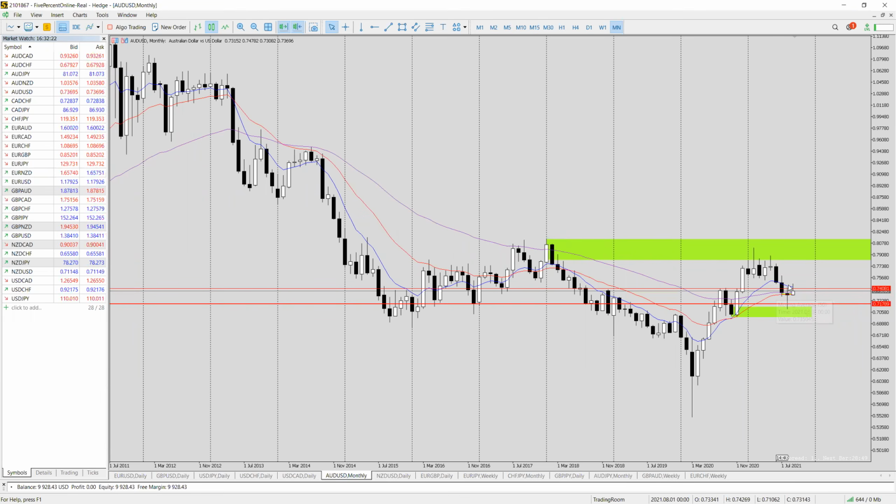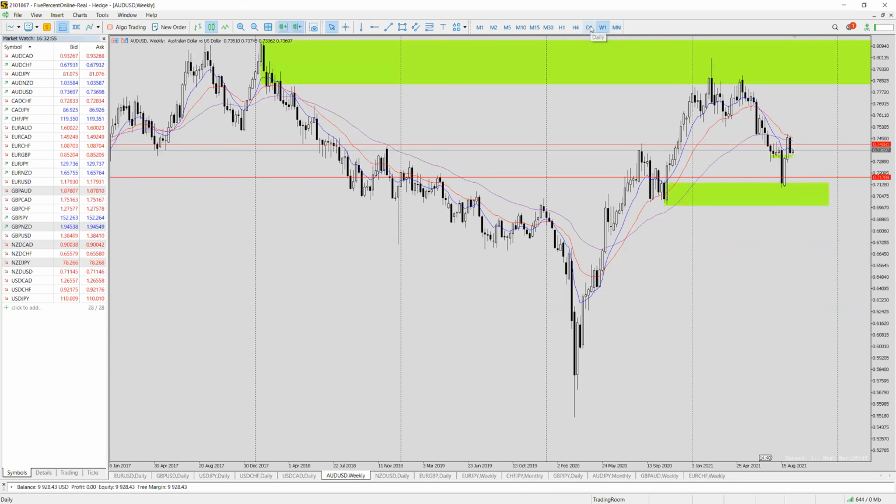On the monthly chart, I would prefer seeing a confirmation candle to confirm this reversal pattern. If September closes negative or not strong enough, then Aussie dollar could continue lower, continuing the down move from the monthly supply zone. This is just a long-term perspective.